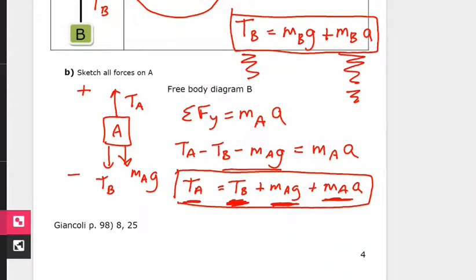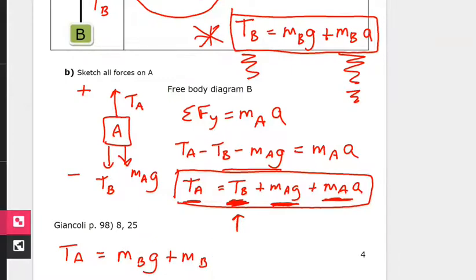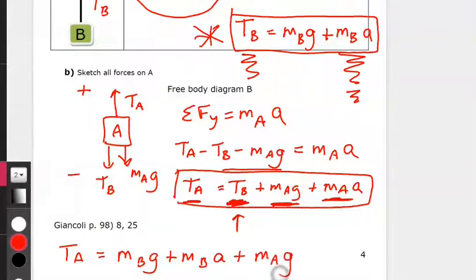So we're just doing a substitution for this. The tension of A is equal to, looking up here, the tension of B, which is MBG plus MBA, just taking that from above, plus mass of A times G, which is the weight of A, plus the accelerating force on A. Now, let's bring all these things together.